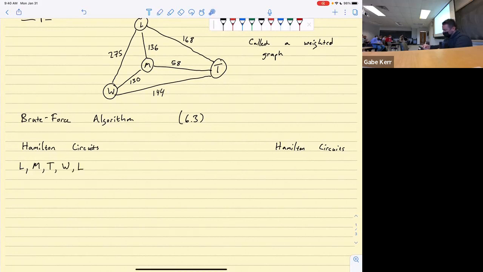So that's this path. That's that. Our circuit, sorry. Right, I'll go Lincoln, Manhattan, Wichita, or Lincoln, Topeka.